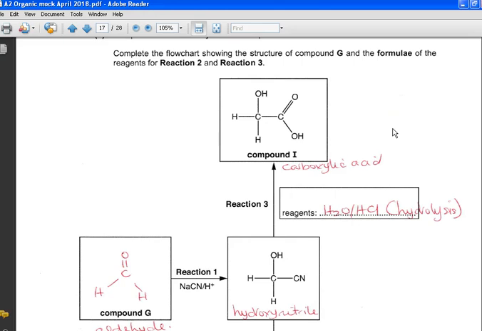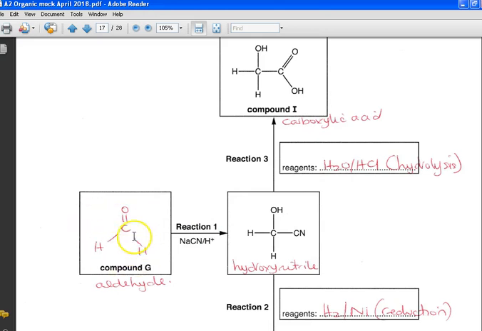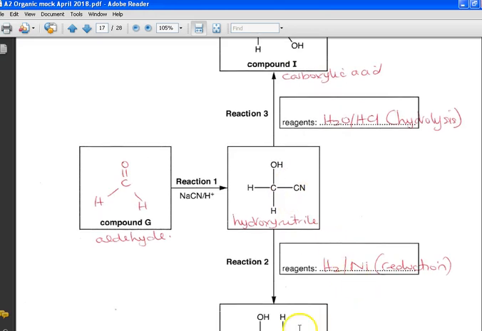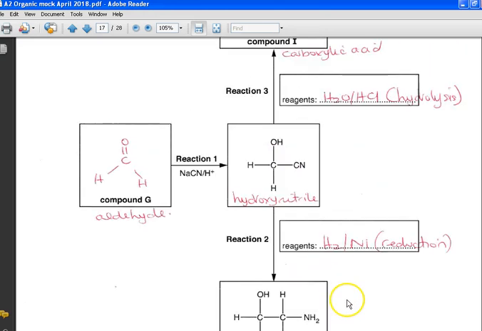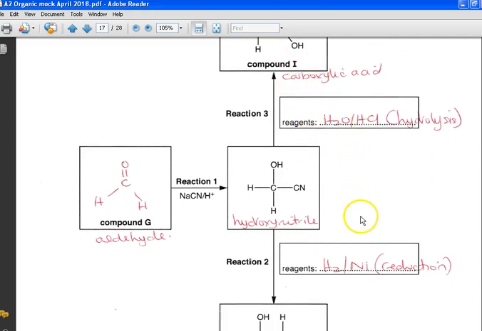So you're given a partially completed flowchart, and you have to establish what compound G is from some of the products. Okay, so you've got a carboxylic acid with an alcohol group on here.